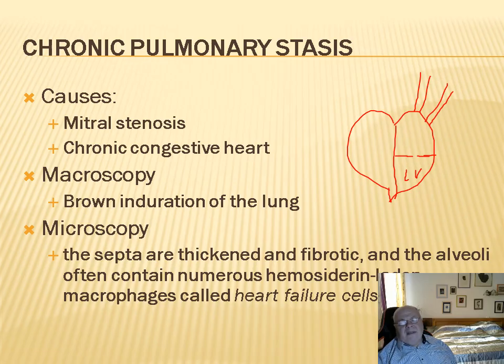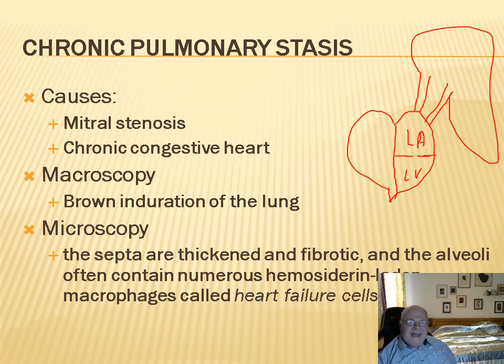As a result, the blood will stagnate in the left atrial cavity and also in the pulmonary veins, which are drained here. And the pulmonary veins are draining from the lung, so the blood will also stagnate here in the lung, generating a chronic pulmonary stasis.